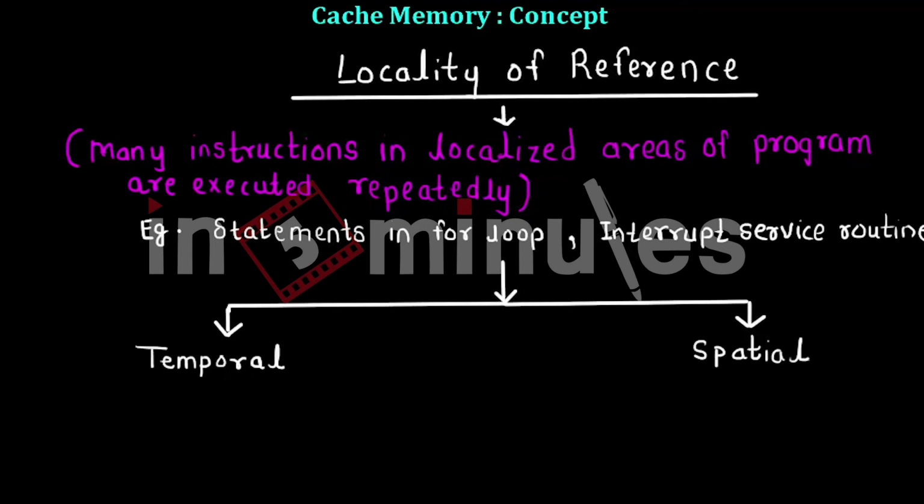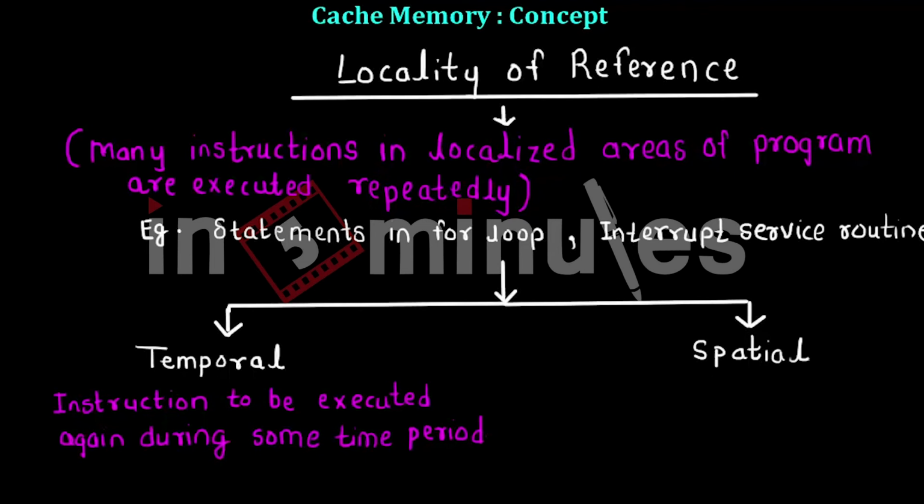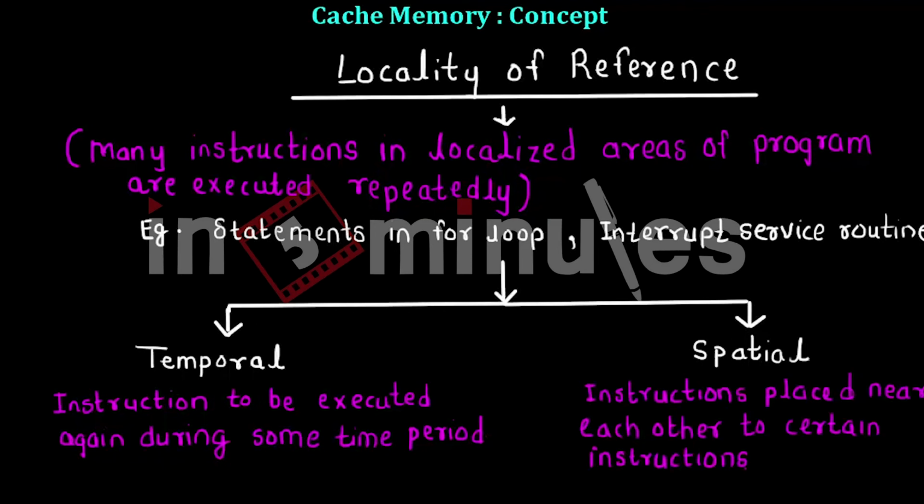The temporal locality deals with the fact that an instruction is going to be executed again and again during some time period. So this deals with the time parameter, that is how many times the instruction or the data is fetched during a certain period. And the spatial locality deals with the fact that some instructions or data which are placed near to each other are going to be executed very soon in the future.